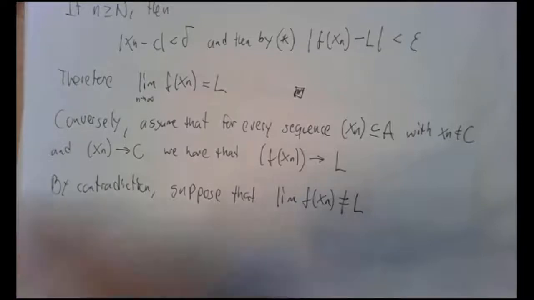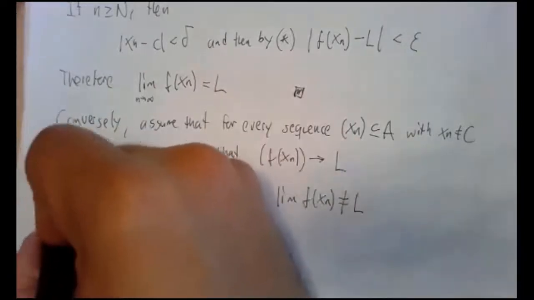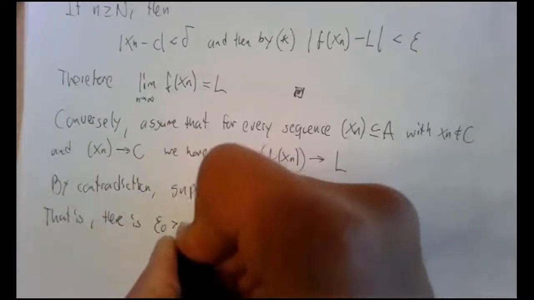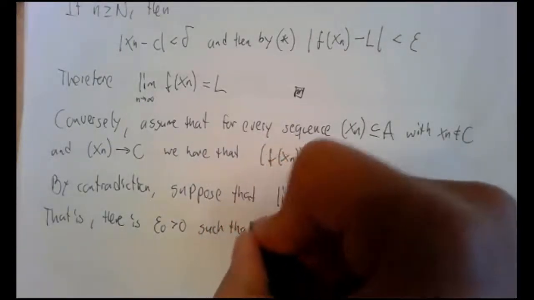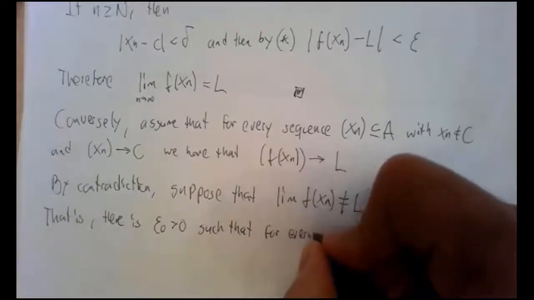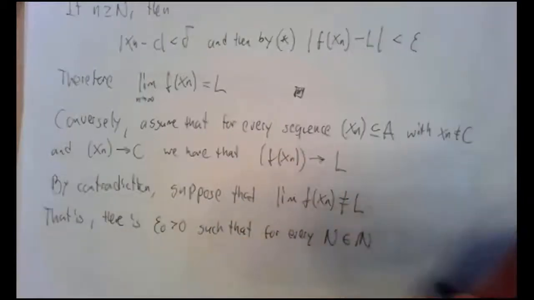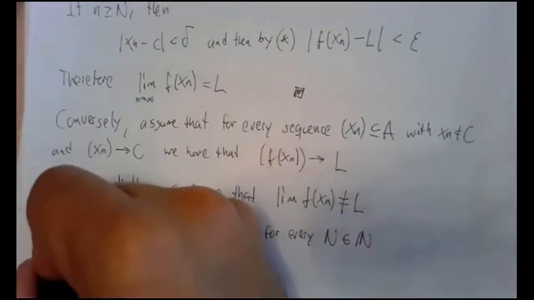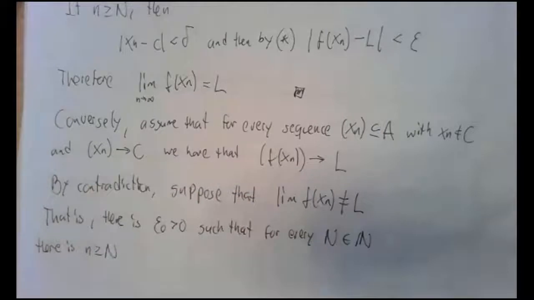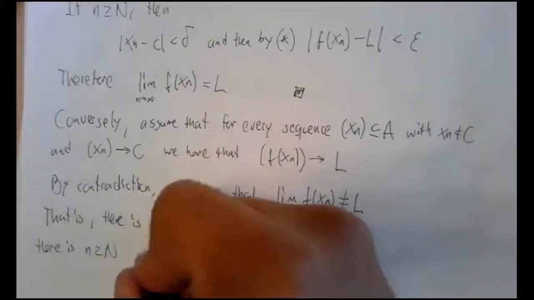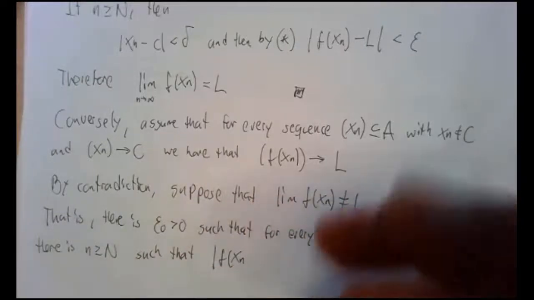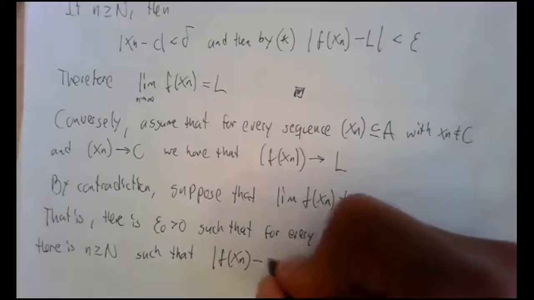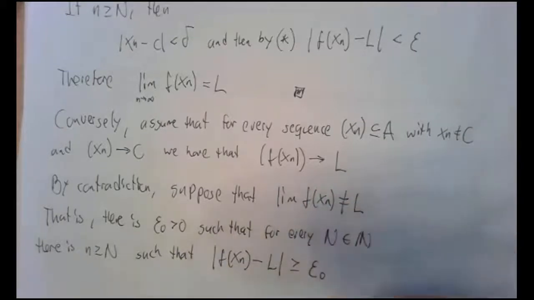The negation is that there is some epsilon 0 greater than 0, such that for every capital N, there is some little n bigger than capital N, such that f of xn minus L is bigger than epsilon 0, right?